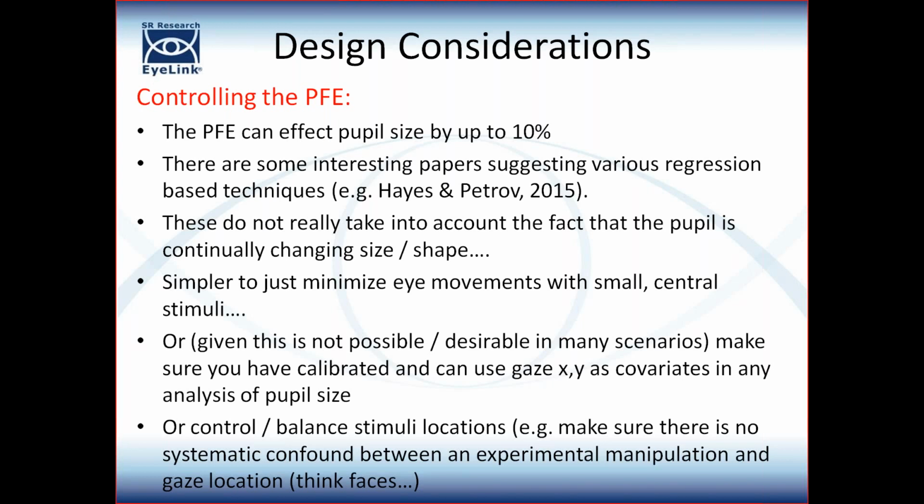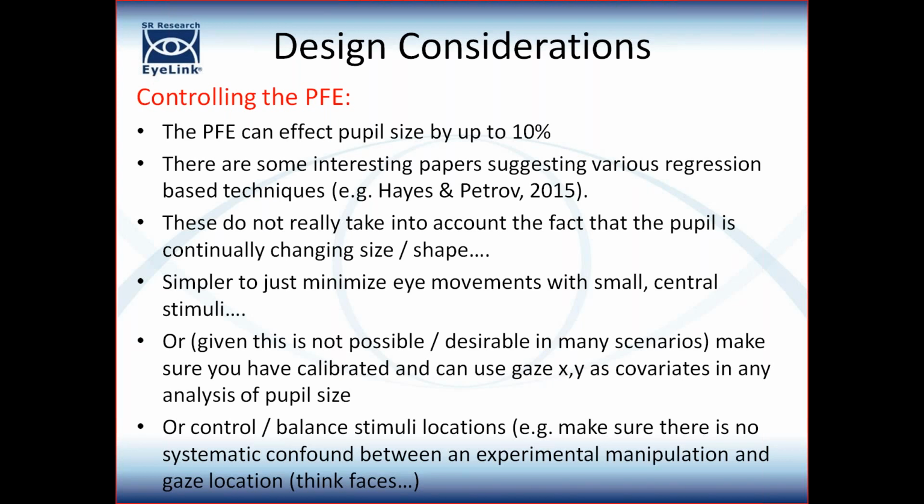I think one of my slight concerns with these kinds of approaches is that the pupil is continually changing size and shape, and it may well be that a regression function that makes sense for a 4mm pupil may not be quite so accurate if the pupil is in fact 6mm.